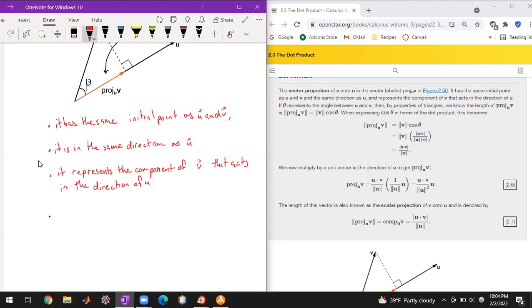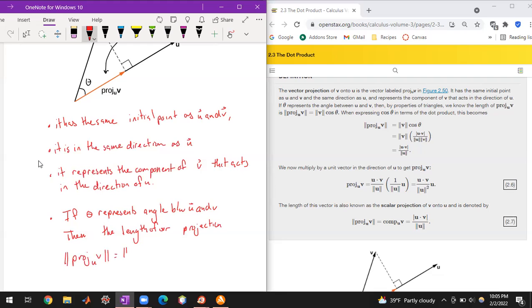So if theta represents the angle between U and V, then the length of our projection is the magnitude of the projection of V onto U, which is equal to the magnitude of V times cosine of the angle between them.